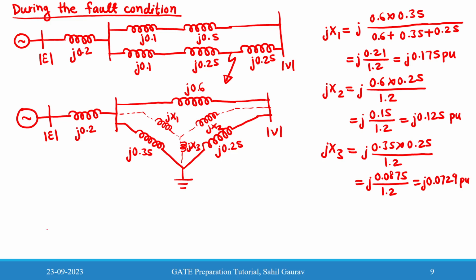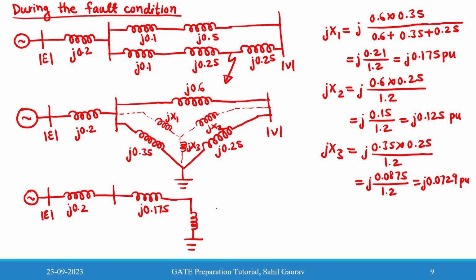Now we will make the diagram in a star connection. It will look like this, in a more simplified way. j0.2, j0.175, this reactance will be j0.0729 and this is j0.125.